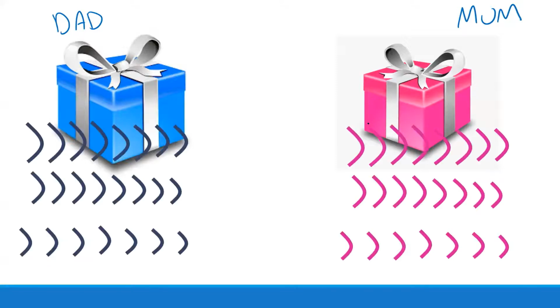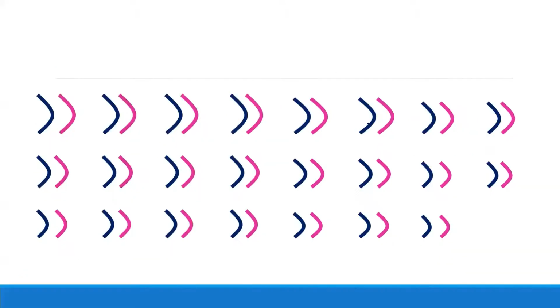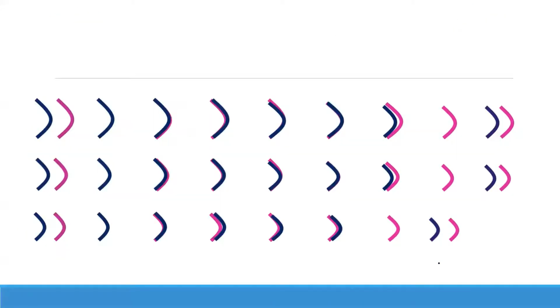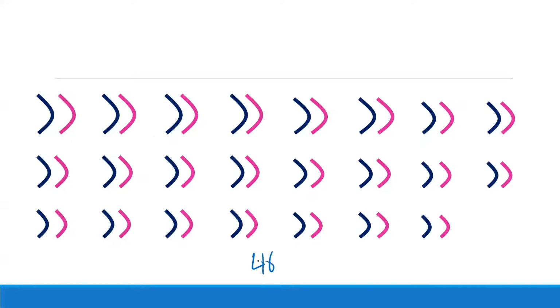What happened was we ended up with 23 chromosomes from dad, 23 chromosomes from mom. And those 23 chromosomes came together to bring us 46 chromosomes.